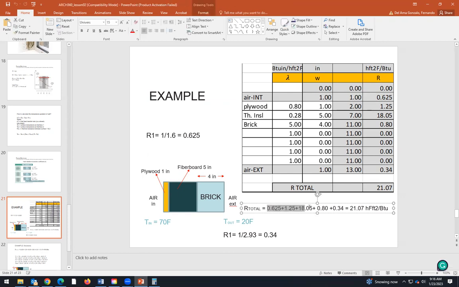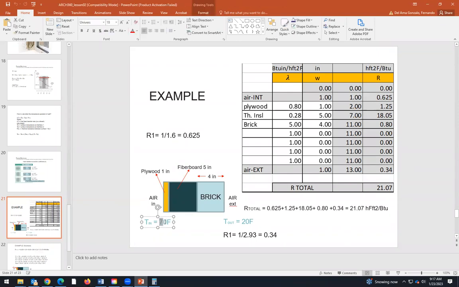I add everything up, and this is the total thermal resistance, 21.07. Okay, so here I have the thermal resistance of each layer, and here I have the total thermal resistance.